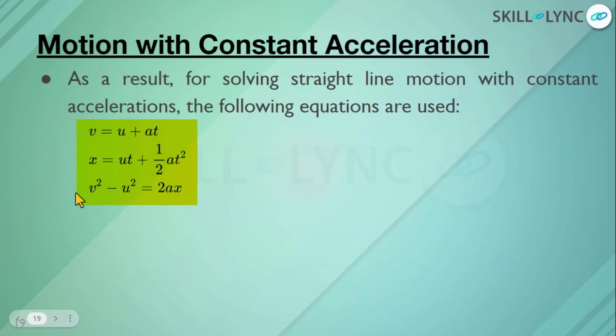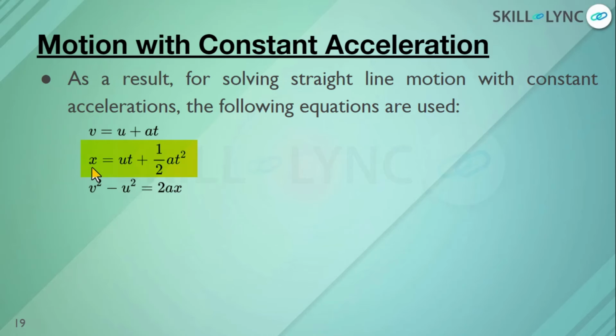The third equation is v square minus u square is equal to 2ax, where all the symbols have their usual meanings: v is the final velocity of the object, u is the initial velocity of the object, a is the acceleration attained by the object, and t is the time required to reach the point x or the time required to reach the velocity v.